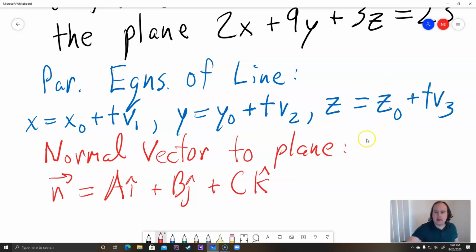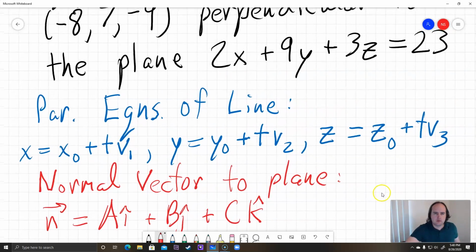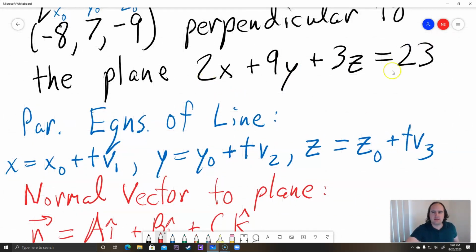Okay, ai plus bj plus ck, and so here our a, b, and c are given to us as the coefficients of x, y, and z.